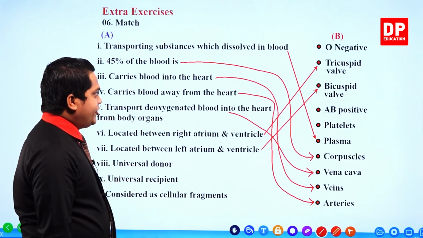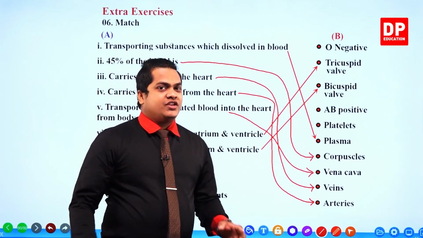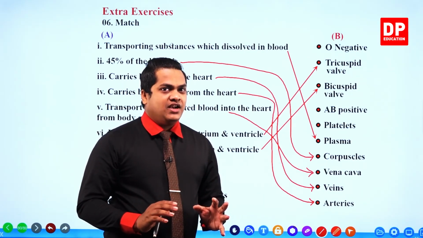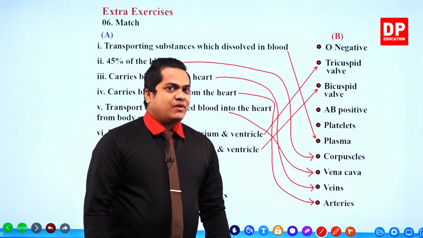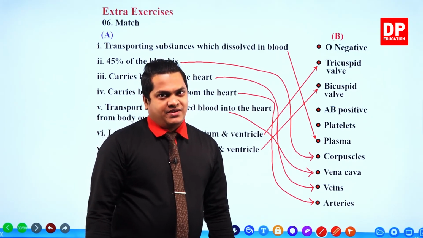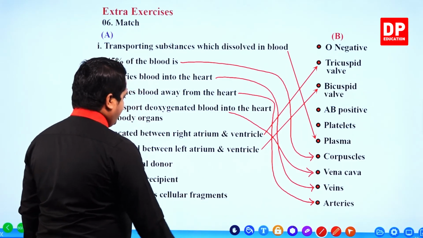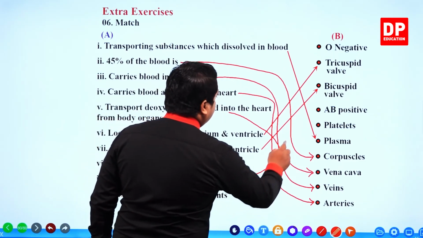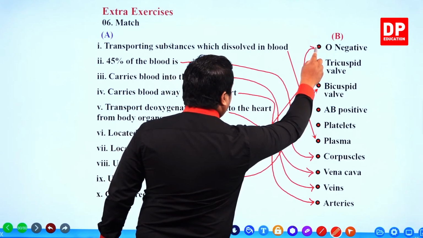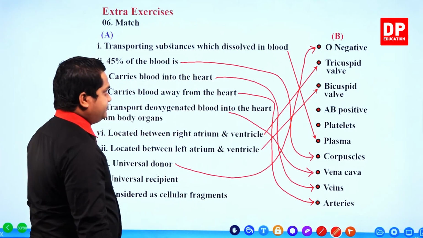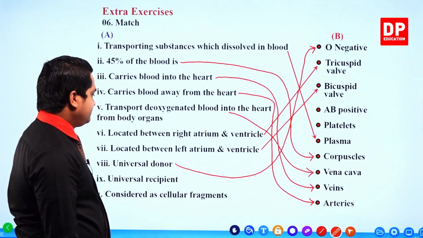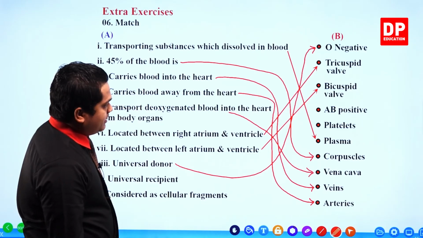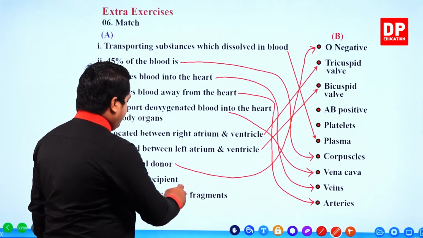The universal donor, in the earlier question you can observe O negative was the universal donor, while AB positive is the universal recipient. So my dear children, here we go. Universal donor, O negative. Universal recipient, AB positive.